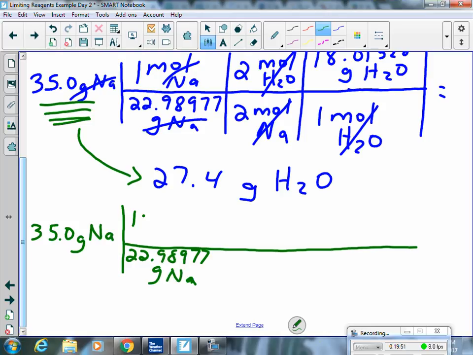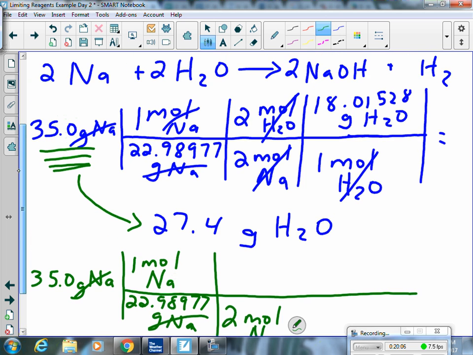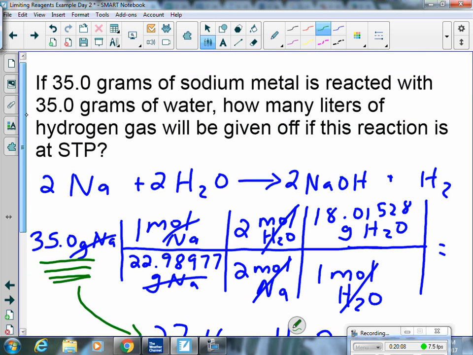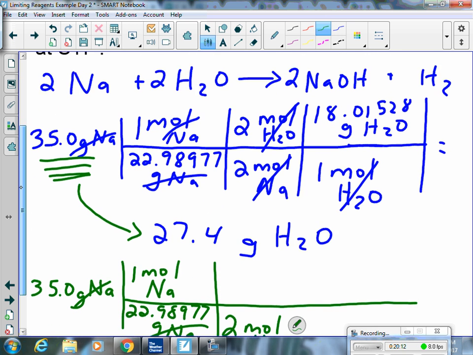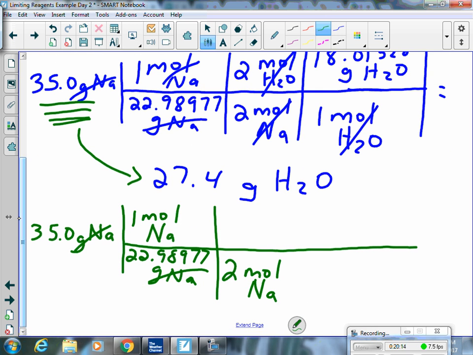And you'll notice, people, that a lot of this is repetitive, isn't it? Now this step's going to be half because I know that 2 mole of sodium. What am I trying to go to? Hydrogen gas, right? How many mole of hydrogen gas? 1 in my balanced equation. So now I've converted that to moles of hydrogen gas.